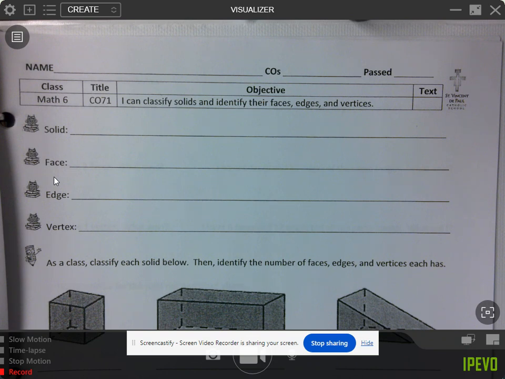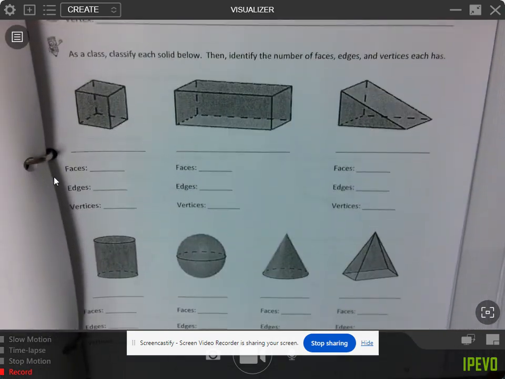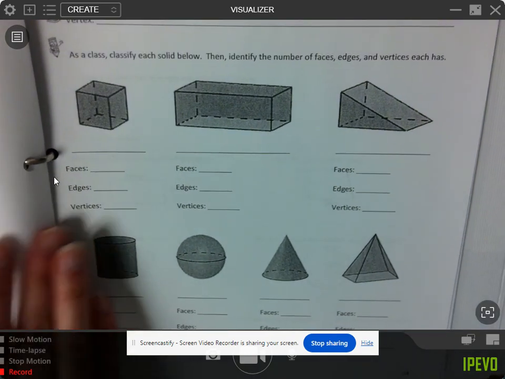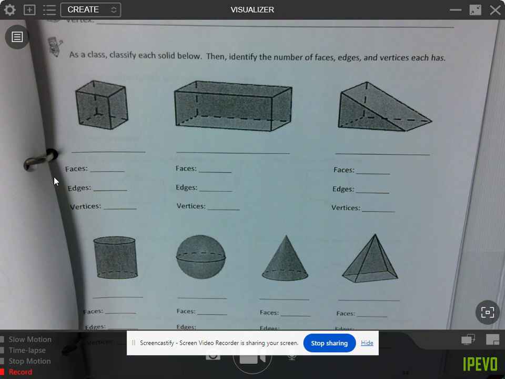So you're gonna want to know your definitions for face, edge, and vertex. And you definitely want to know how to classify our shapes. So you're going to want to put the cube, how many faces, how many edges, how many vertices. The rectangular prism, how many faces, how many edges, how many vertices.